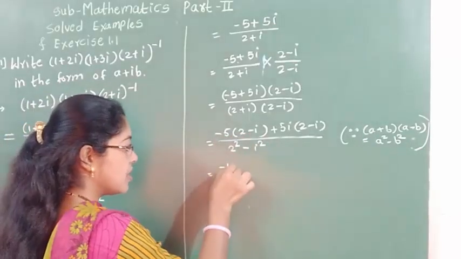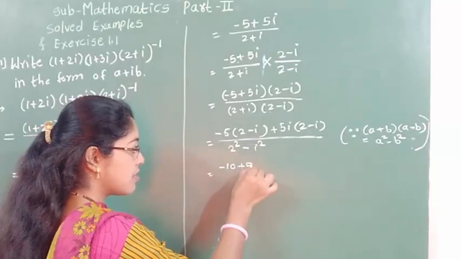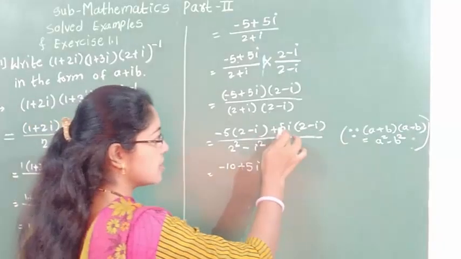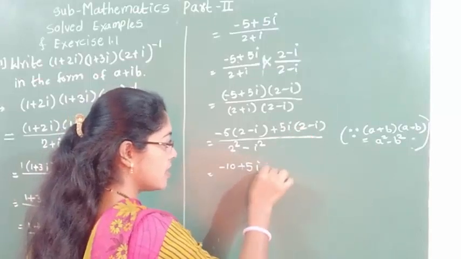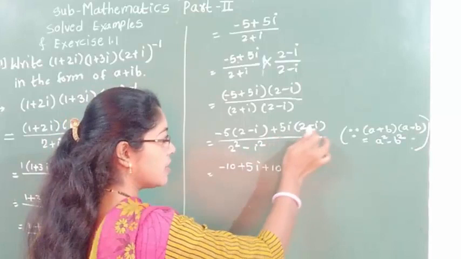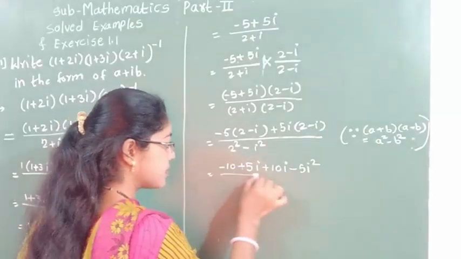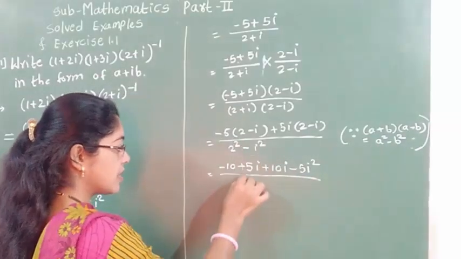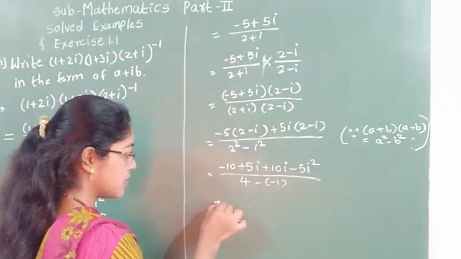Minus 5 into 2 is minus 10. Minus 5 into minus i is plus 5i. Then 5i into 2 is plus 10i, and 5i into minus i is minus 5i square. The denominator is 2 square, which is 4, and i square is minus 1.